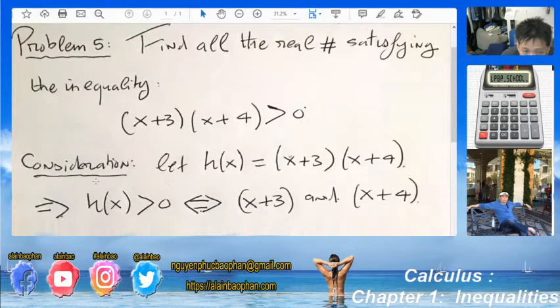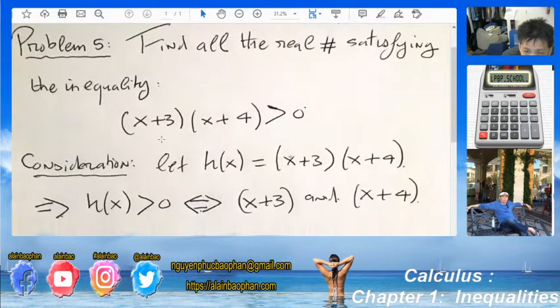Let h of x equal x plus 3 times x plus 4. So we need x plus 3 times x plus 4 greater than 0, which means h of x greater than 0, right?